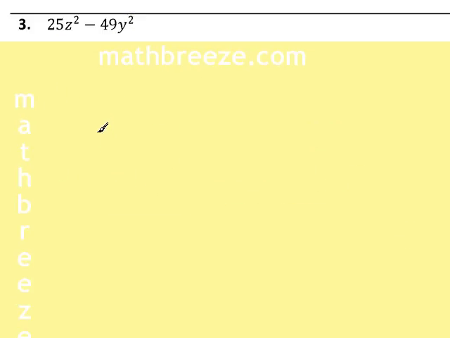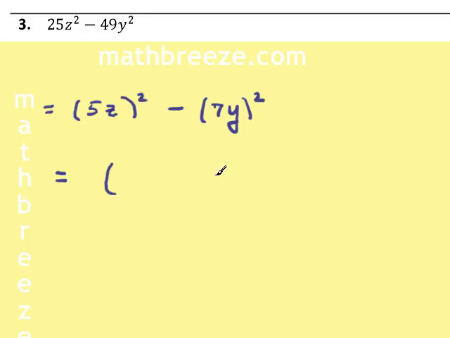And number 3, again, look for a difference of two squares. 25z squared, well, that is (5z) squared, and 49y squared, well, that's (7y) squared. So as long as we can write it as a difference of two squares, then we can start filling in our parentheses with the 5z and the 7y.